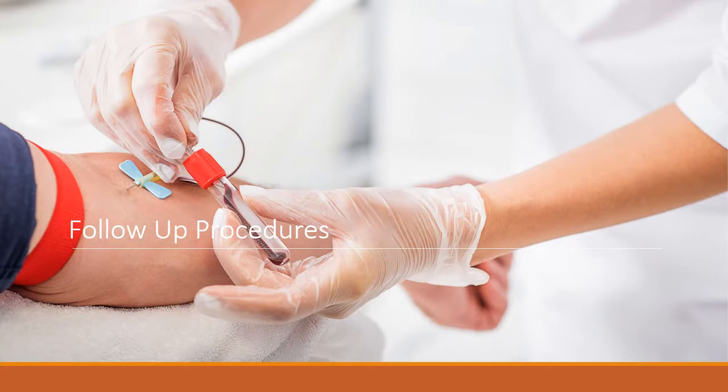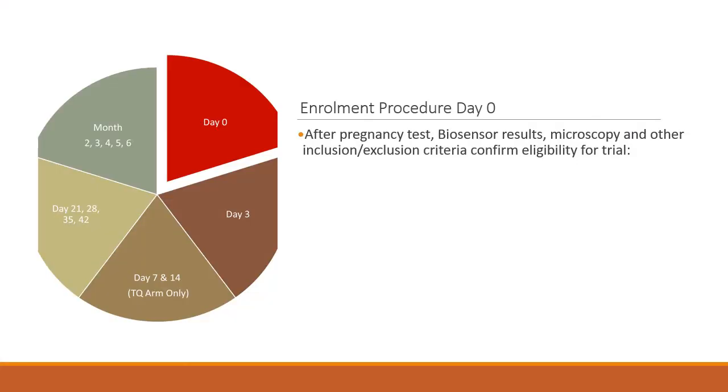So the follow-up over the 6 months will be conducted as follows. For enrollment on day 0, they will have their pregnancy test, biosensor, microscopy, and inclusion-exclusion criteria to confirm eligibility for the trial.